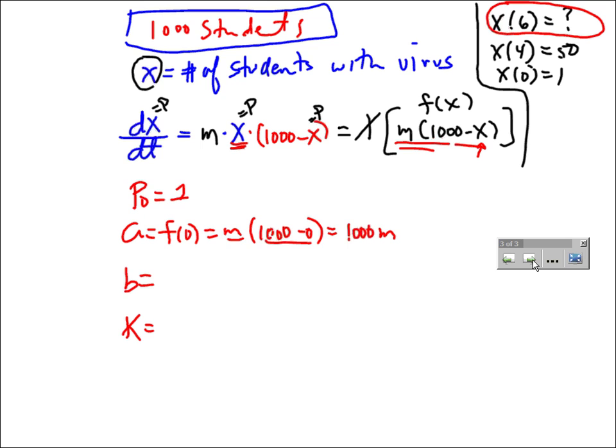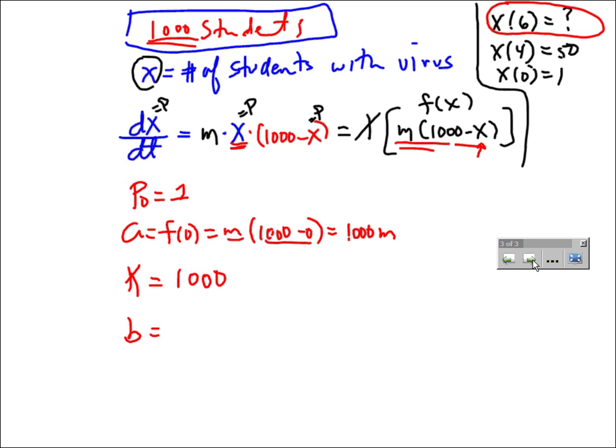Now K. What's K and what's B? K is the limiting value. What's the most number of students that can be infected with this virus? The answer is 1,000. You can't have more than 1,000 students infected. You only have 1,000 and they're isolated on the college campus.